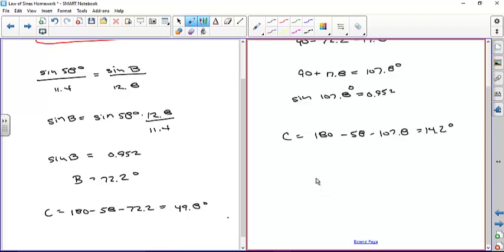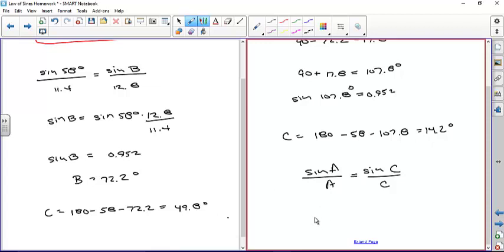And then I can use the law of sines, same one I used previously, but now I have a different angle C. Before it was 49.8, now it's 14.2. So I'm going to plug the numbers in here.